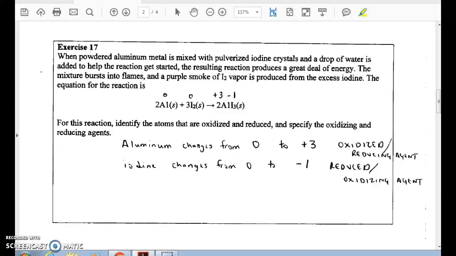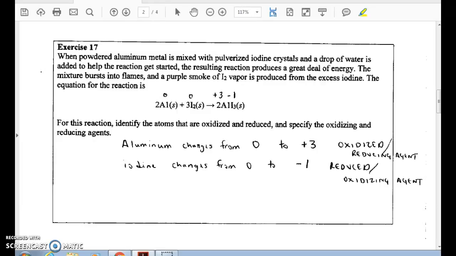And so therefore the I in I2 also has an oxidation state of 0. Then when they're in the ionic compound, aluminum iodide, their oxidation state is the same as their ionic charge. So we have a metal and a nonmetal. Aluminum is +3, iodine in group 17 is -1.